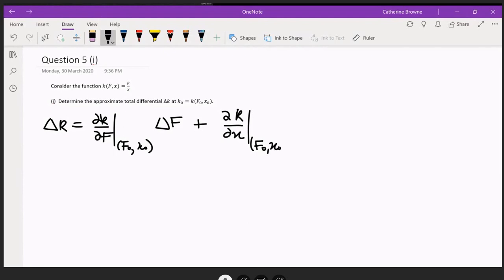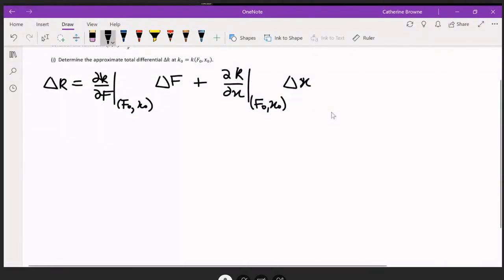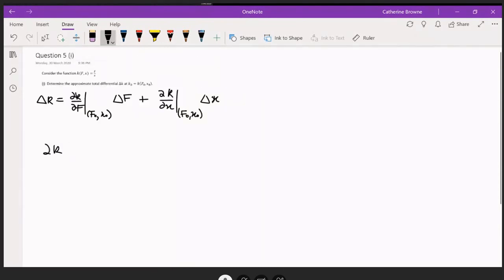The change in x. So if we differentiate with respect to f first, we're just keeping x constant, so we just get 1 on x. If we evaluate that at f naught, x naught, we just get 1 on x naught.